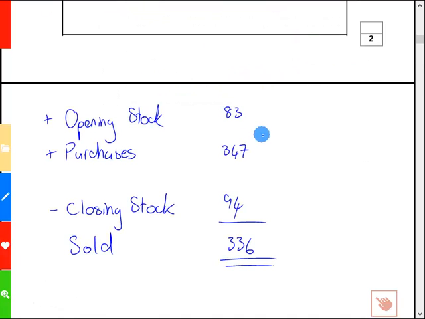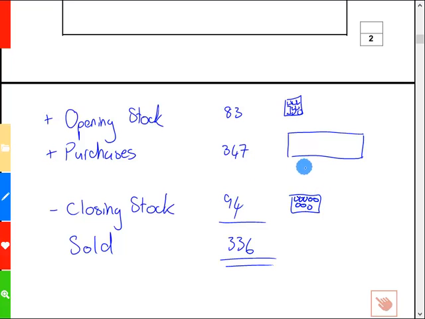Okay. So even though we started with 83, if you can imagine, let's say this represents 83 CDs. Alright, there they are. And we then purchased another 347 CDs. Right. Then we know we took out a batch of CDs from sales, and then we end up with 94.